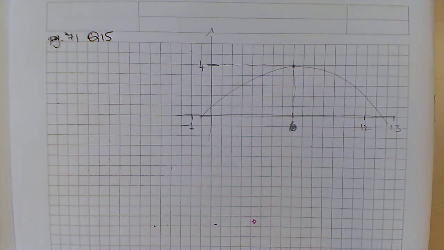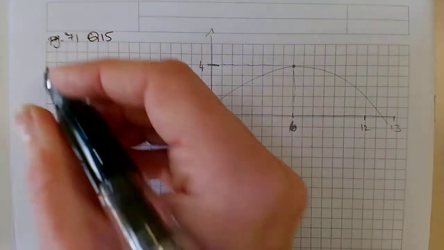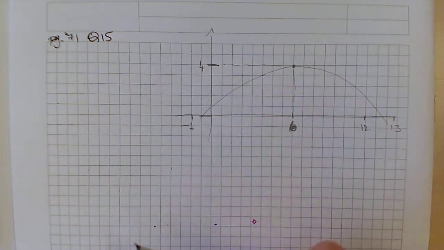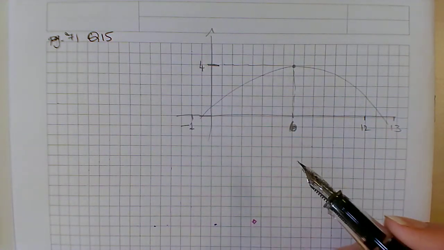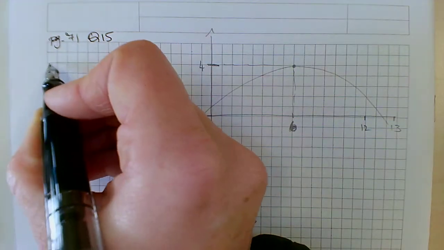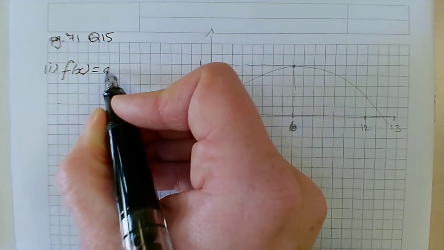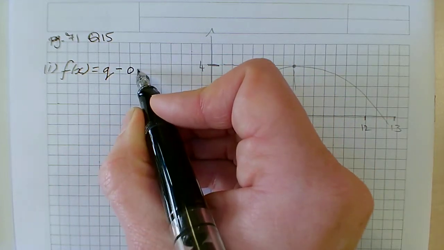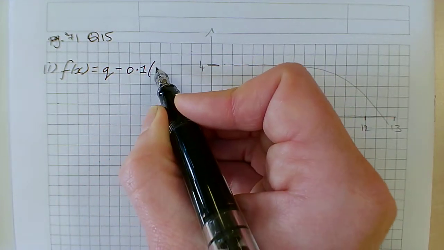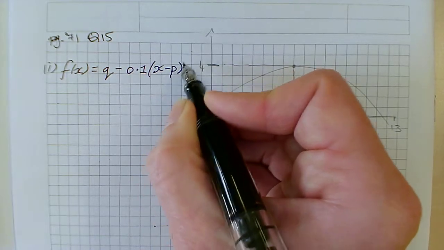So part 1 asked us to use the maximum point of the path, PQ, to complete the equation. So they gave us this equation, f of x equals q minus 0.1 times x minus p squared.